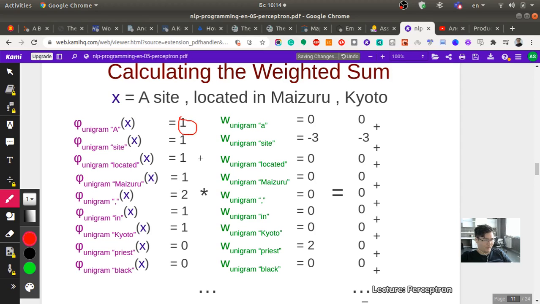For example, the comma appears 2 times, so you can set it as 2, and then you multiply it by the weight. These weights are not predicted; I should assume that they are given, and you multiply and get the sum.